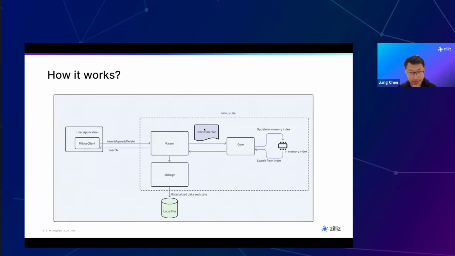That's too much to ask. So to solve that problem, we strip off all the heavy lifting components so that it can be lean and small enough to fit on your local laptop, or even machines with very limited computing resources, like edge devices.